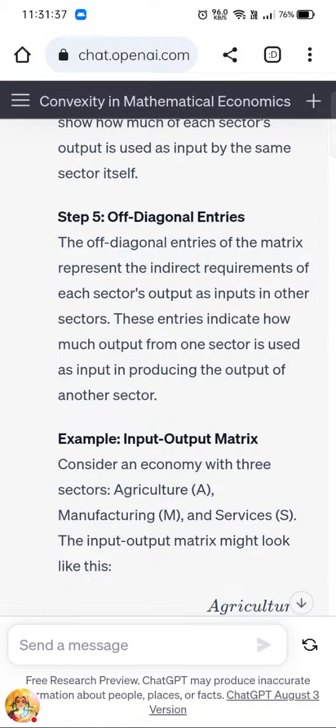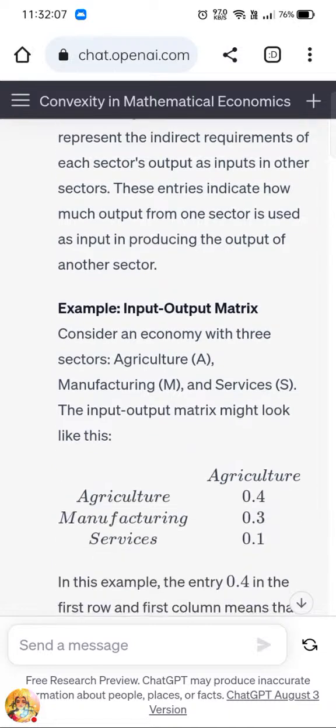Off-diagonal means, excepting the sector itself, which other sectors it requires to produce its output, taking their outputs as inputs to produce its desired output. These are called off-diagonal entries.